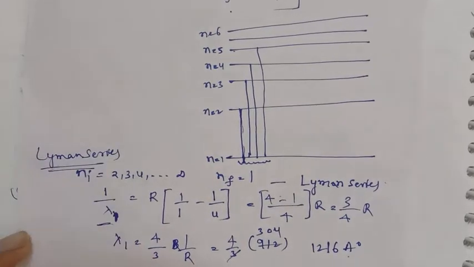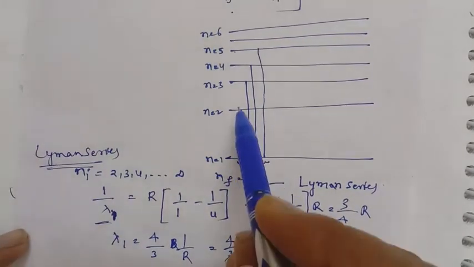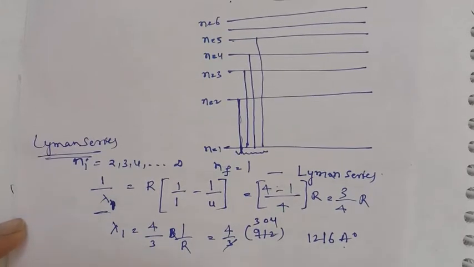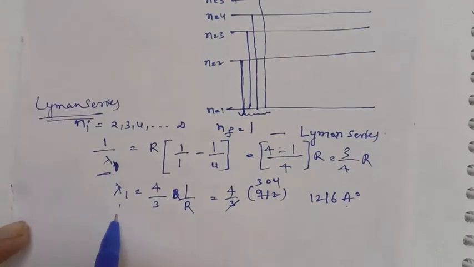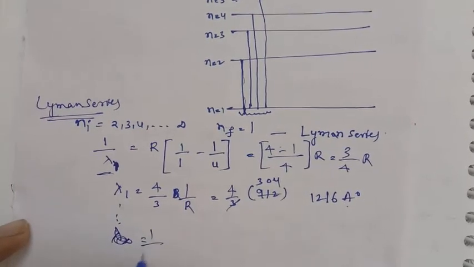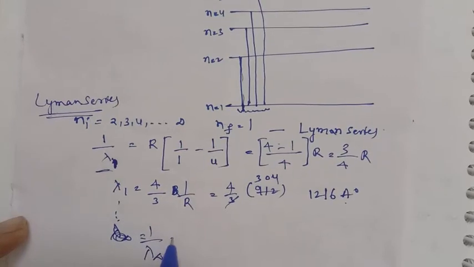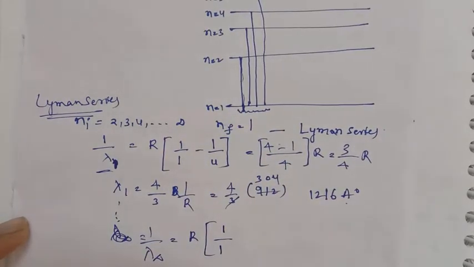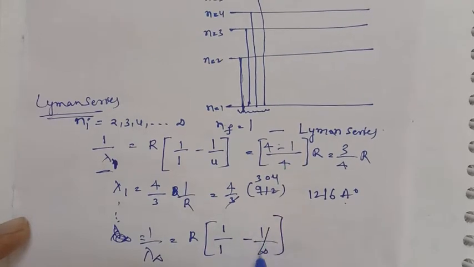In the Lyman series, the first wavelength is equal to 1216 angstroms. Then lambda 2 up to lambda infinity. For lambda infinity, 1 by lambda infinity is equal to R into 1 minus 1 by infinity square. 1 by infinity is nothing but 0.